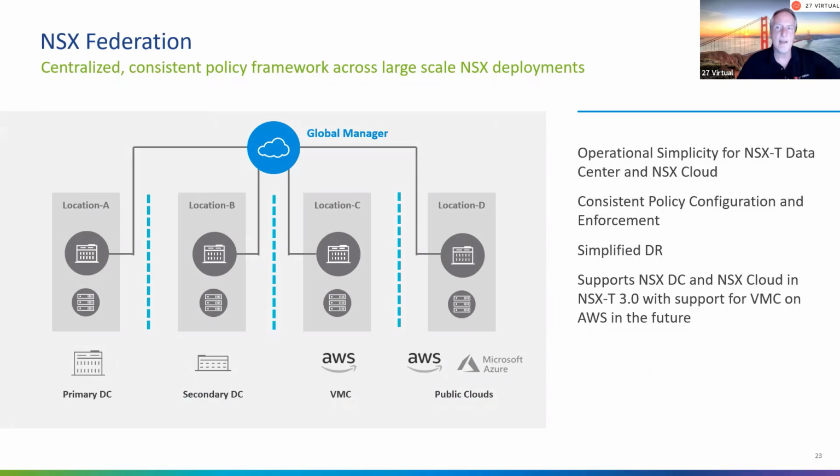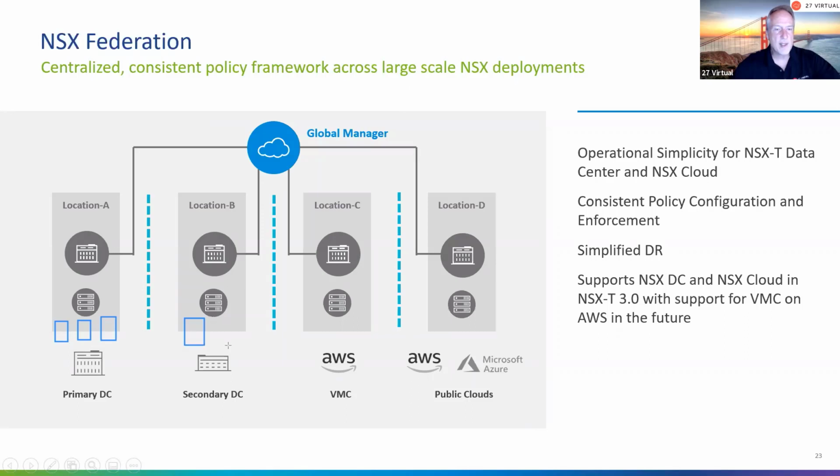A new feature that's coming with the latest version of NSX, NSX-T 3.0, is something called Federation. Federation is a pretty exciting feature. What Federation allows us to do is have a central set of managers, called the global managers, that sit on top. And then each one of these individual locations, primary, secondary, will have their own set of 3 managers that sit in a cluster.